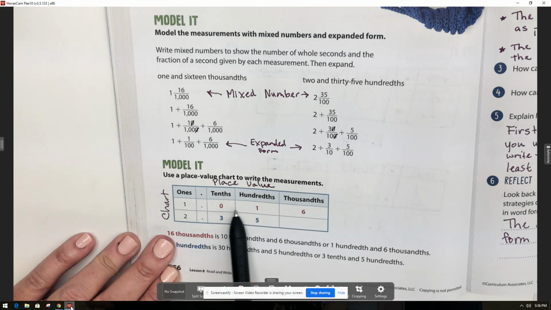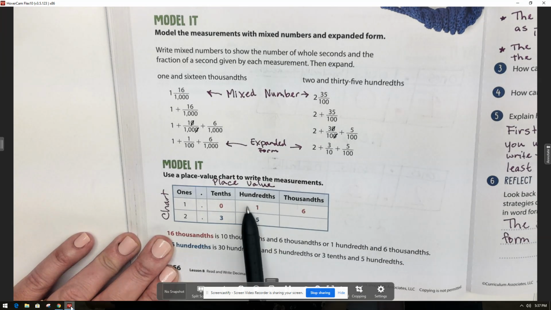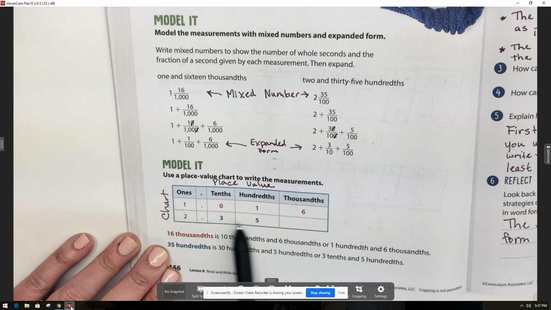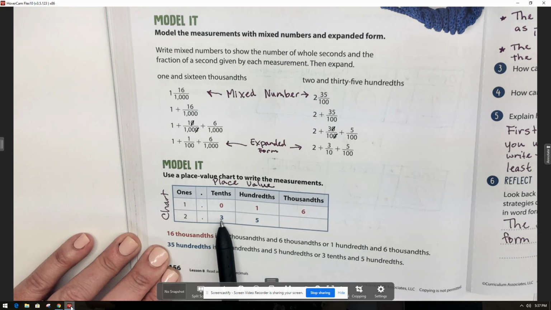Now we can say this as 16 thousandths is 10 thousandths and 6 thousandths, or 1 hundredth and 6 thousandths. And then 35 hundredths is 30 hundredths and 5 hundredths, or 3 tenths and 5 hundredths.